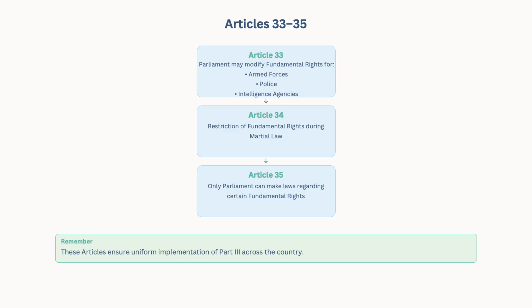So Article 33 and 34 talk about the armed forces, the martial law, and so forth. They are not for us. You just have to know that it's not for us. It's for the armed forces and their martial law. Just know that Article 33 and 34 are security-based articles. And Article 35 gives Parliament the power to make changes to fundamental rights.